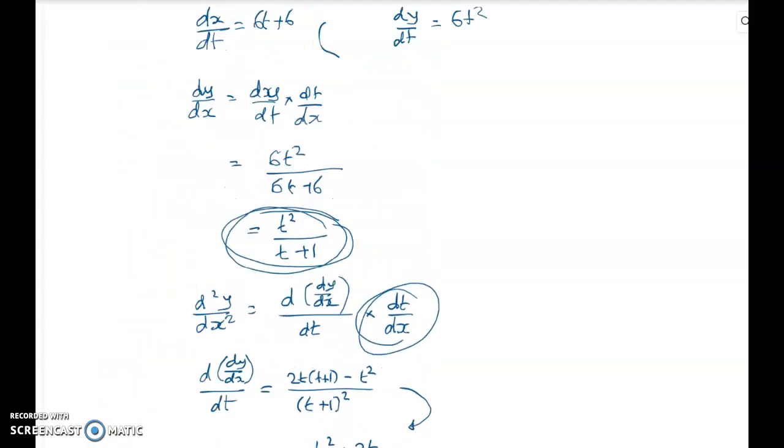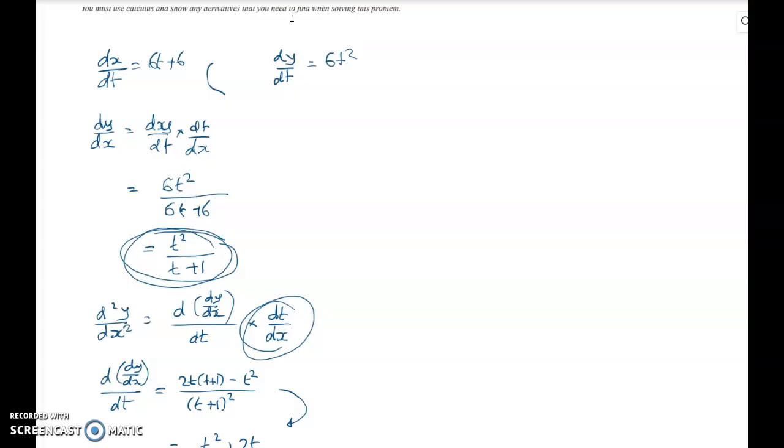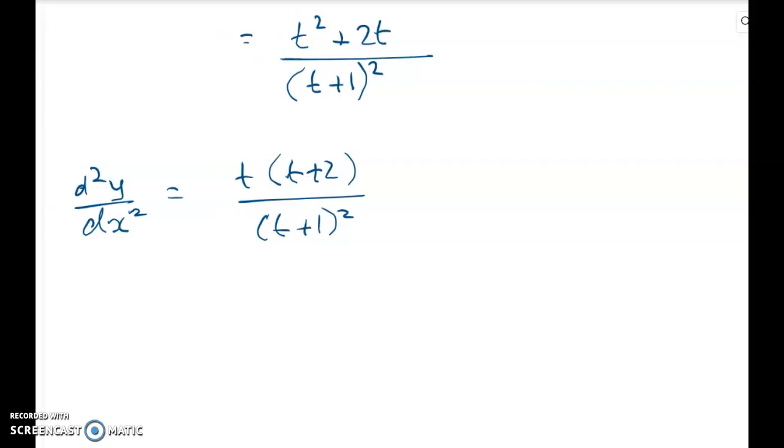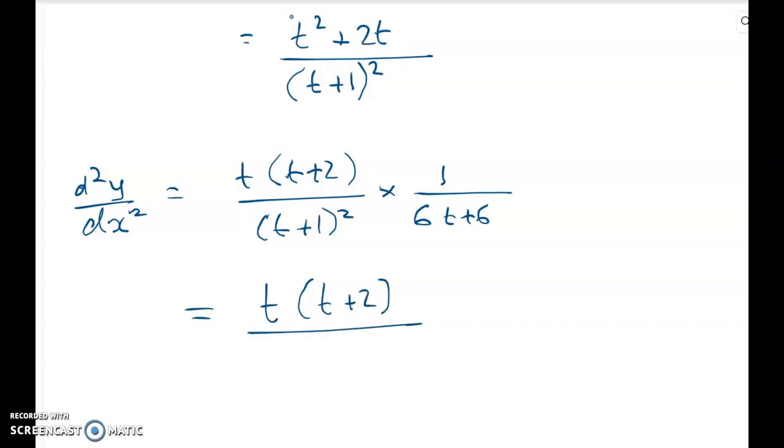And if we go back up, here is my dx by dt, 6t plus 6. So it's going to be times 1 over 6t plus 6. So just one final cleanup step gives me t times t plus 2 over 6 times t plus 1 cubed, and that equals 0 for a point of inflection.